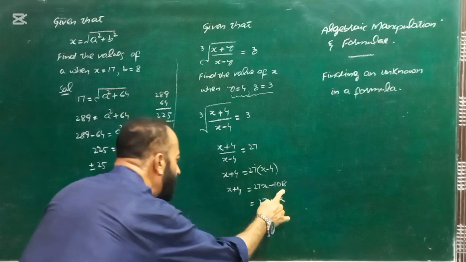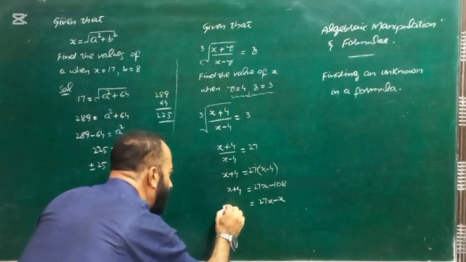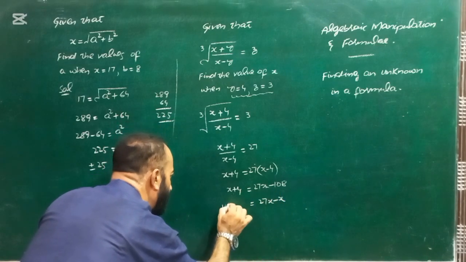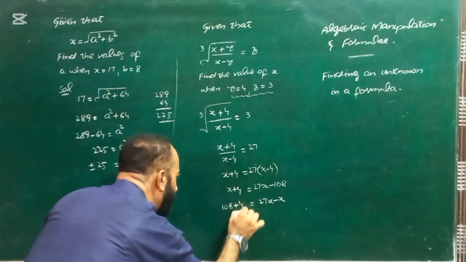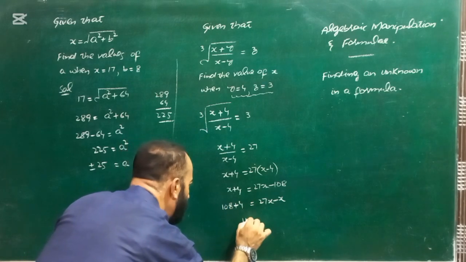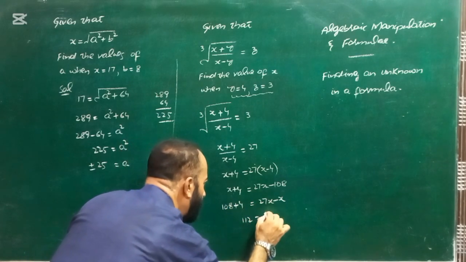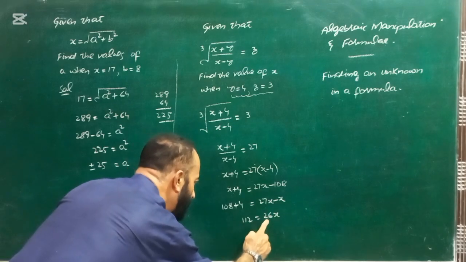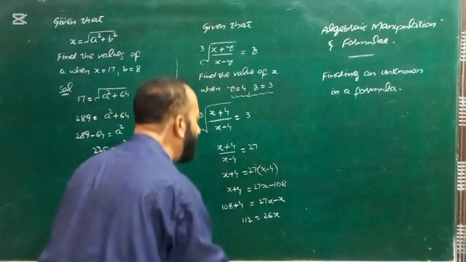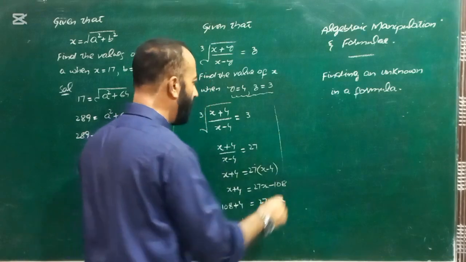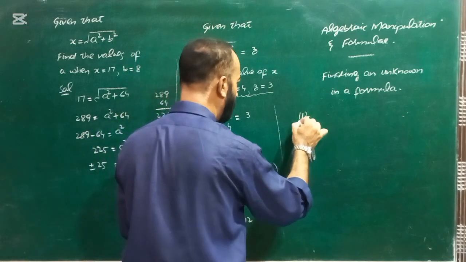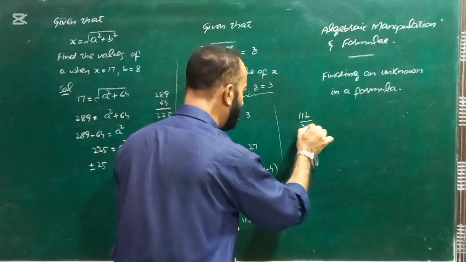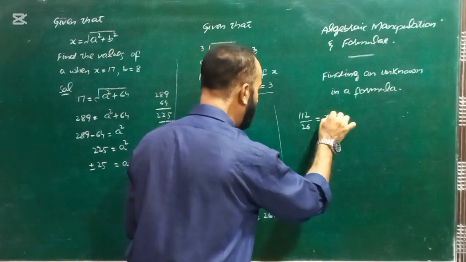And this minus 108 will come to the left hand side. So it will become now 112. And on the right hand side, we have 26x. At this step, 26 will come to the denominator of 112. So 112 over 26 will be equal to x.